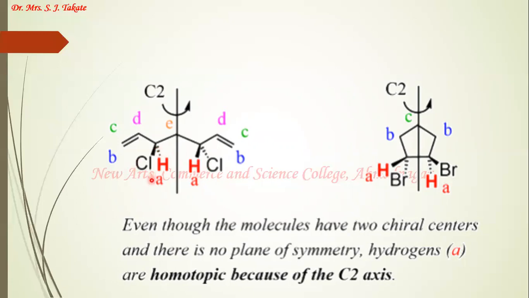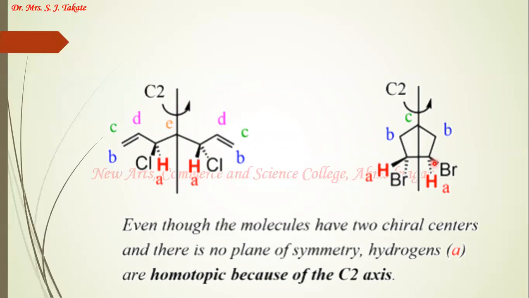So this means that it possesses a C2 axis of symmetry, and therefore the HA protons are homotopic protons. So they will give you a signal at the same chemical shift value.